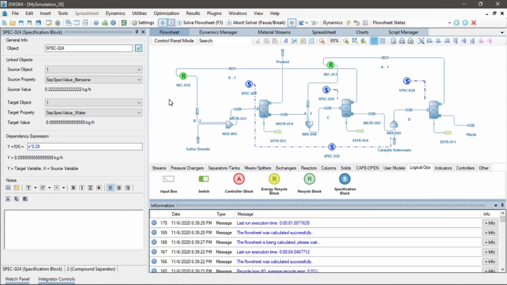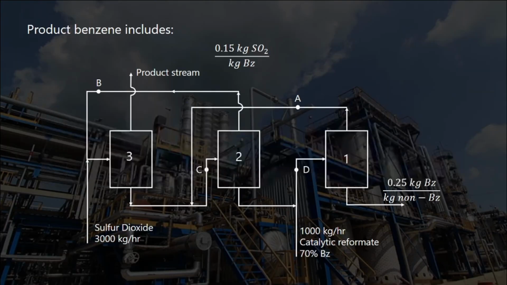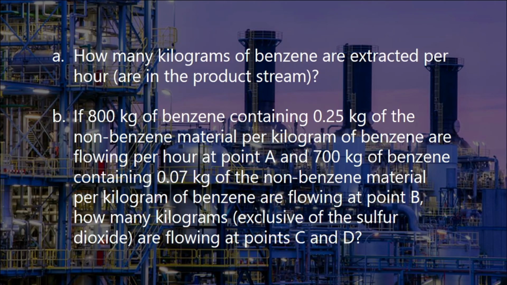So now let's go back to our problem. Our question for letter A: how many kilograms of benzene are extracted per hour in the product stream?